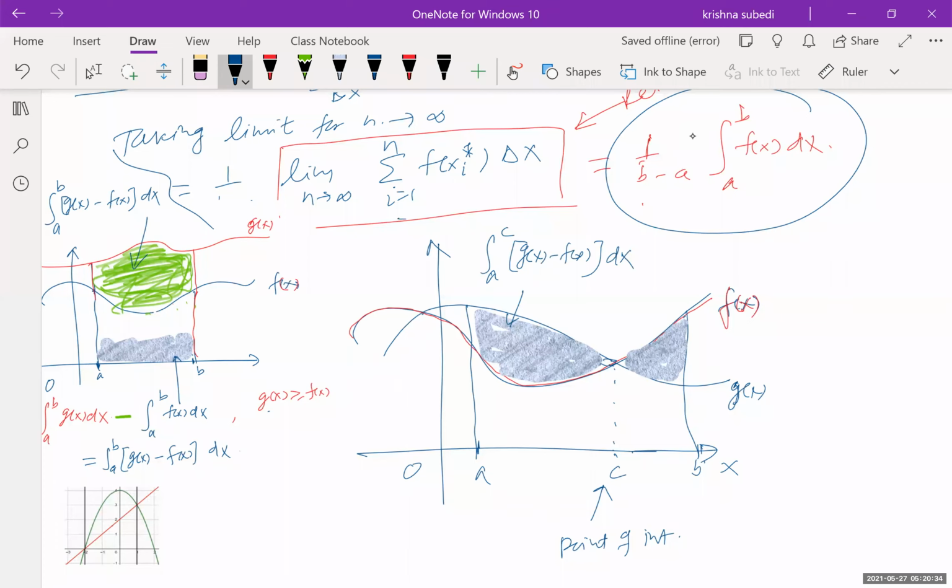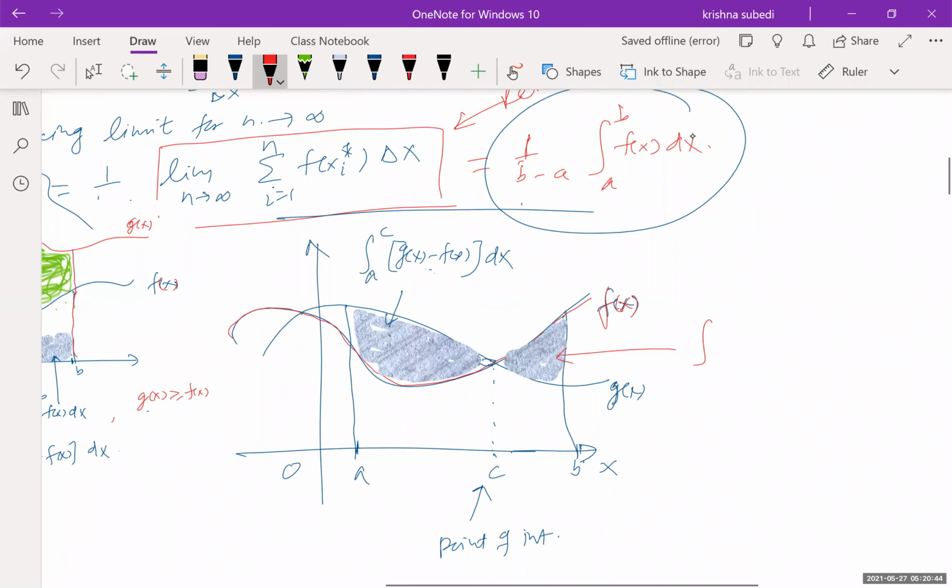All right, so this area is given by this integral. Now, in this case, notice that from C to B, your f function is bigger. So you'll write f of x minus g of x dx.